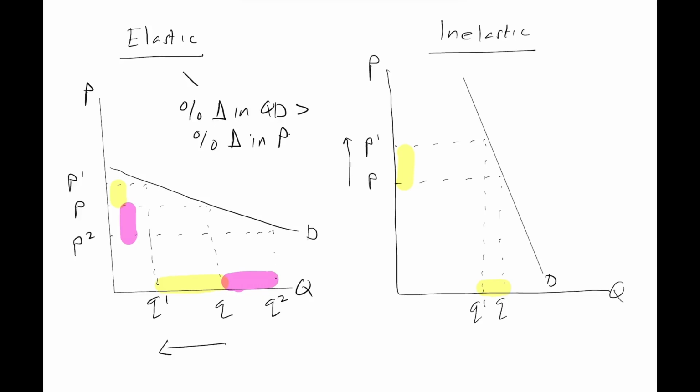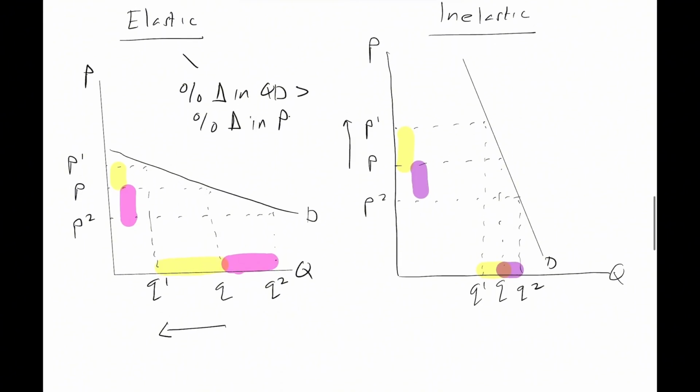And if the price decreases to P2, we go across, hit the demand curve, go down. Q2, again, we can see here that the quantity demanded hasn't changed much in comparison to the percentage change in price. Okay, so the demand has gone down, but not by much. It's not very responsive.